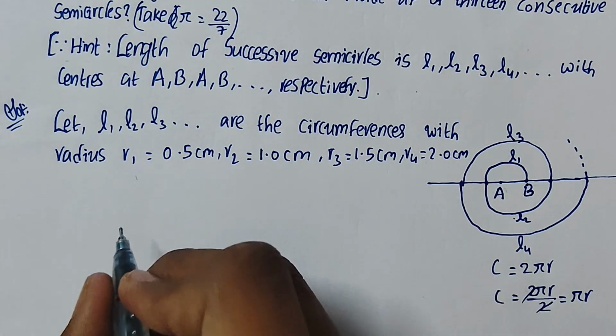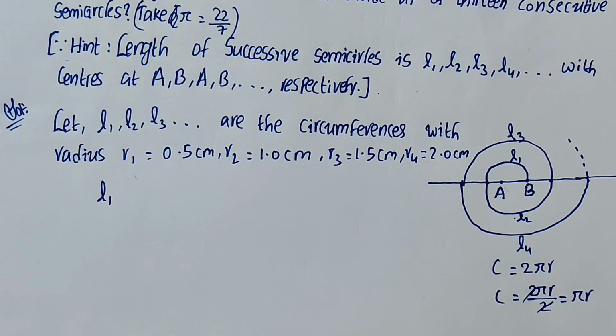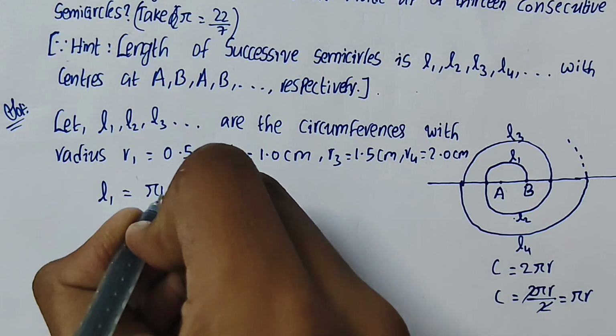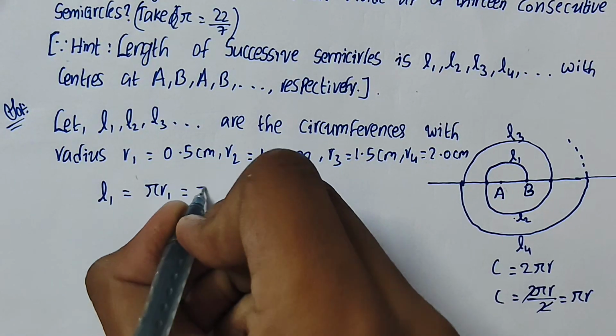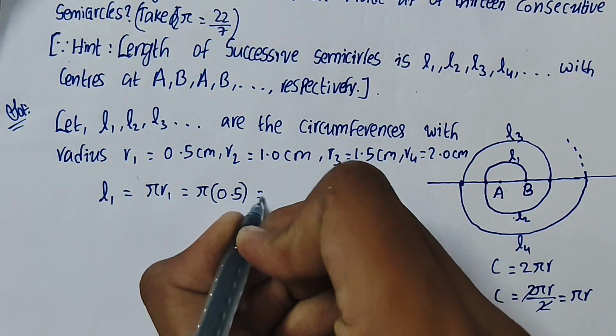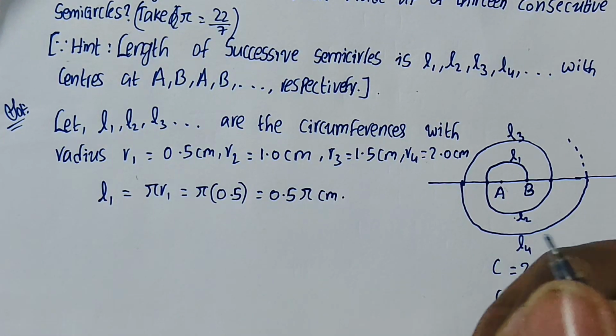So let the circumference of the L1 be equals to pi into R1. The value of pi is pi only, and the value of R1 is 0.5. So equals to 0.5 pi centimeter.